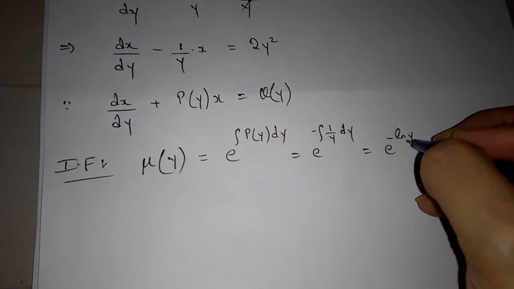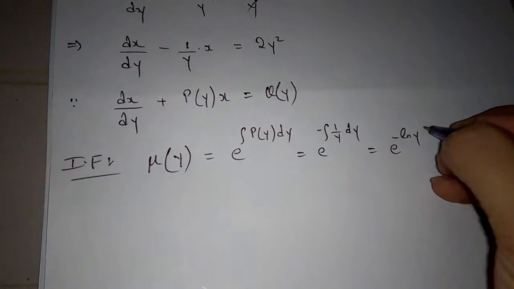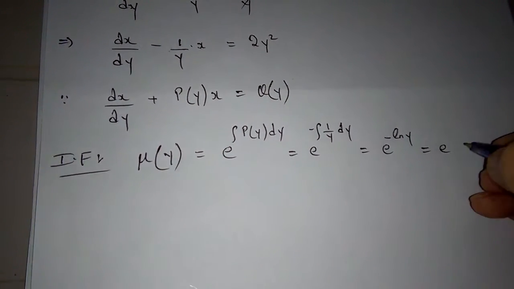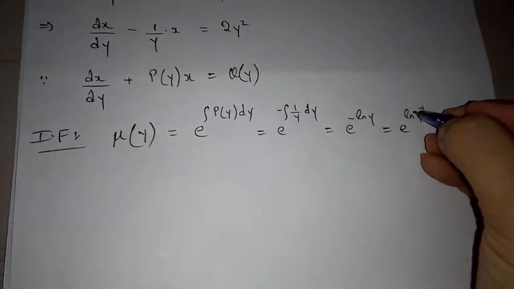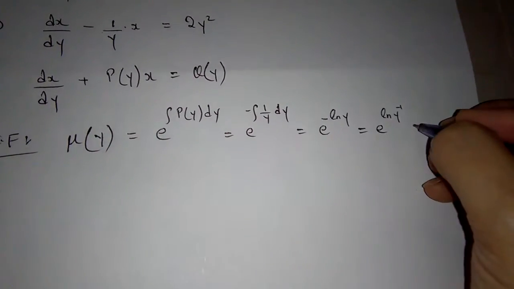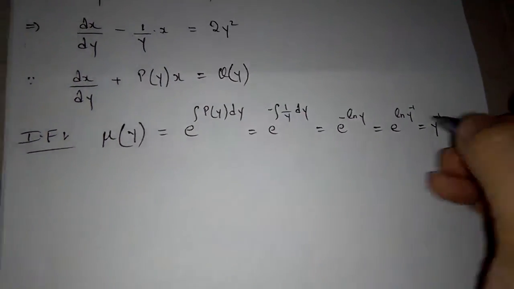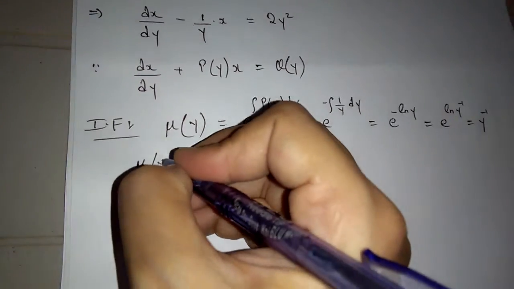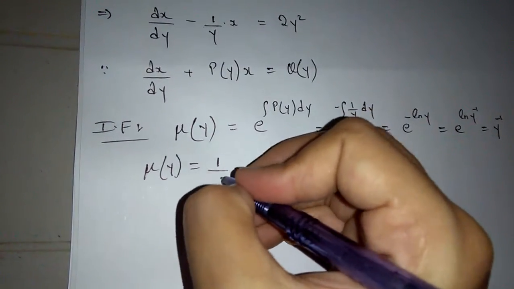I can write this negative sign as the power of y following the rule of logarithms. Now exponential is going to cancel out the effect of the logarithm, and I'm getting my integrating factor. So mu of y is y to the power negative 1, so it is 1 upon y.